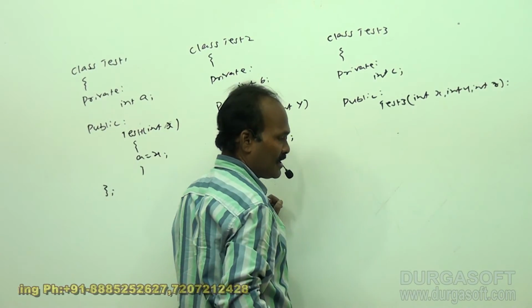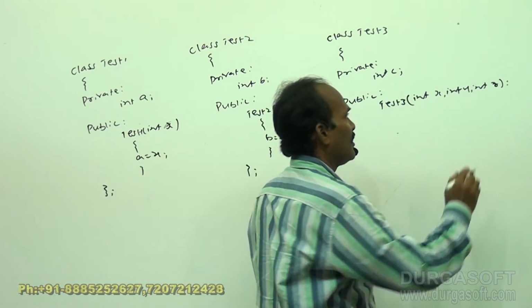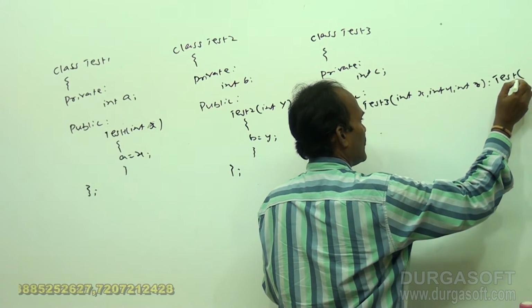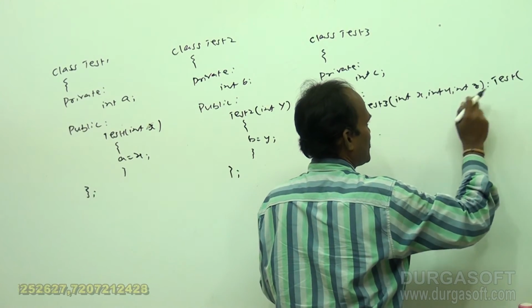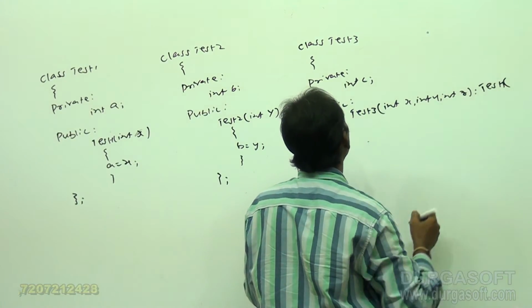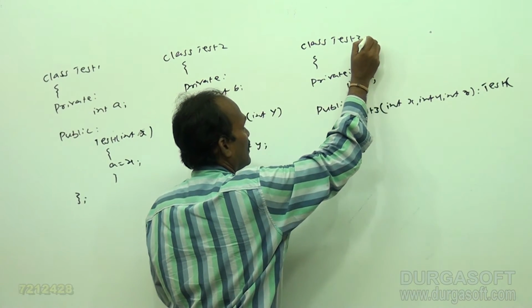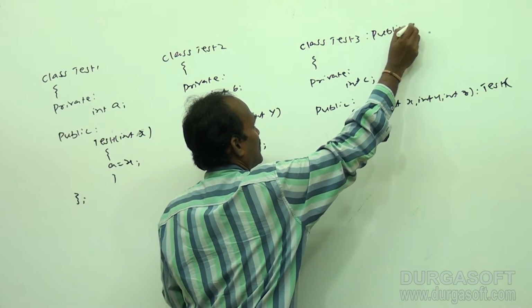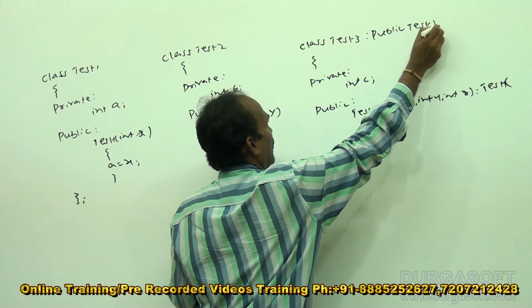Within this, test1: of these three parameters, it is going to give the second parameter to the test1 class, because this test3 class is created from test1 and test2.